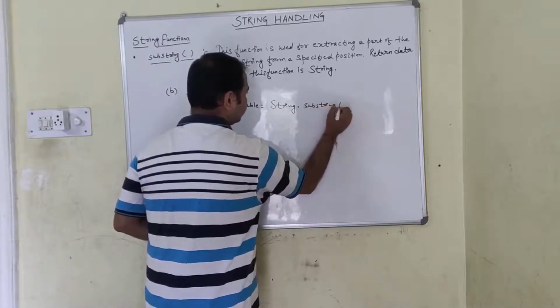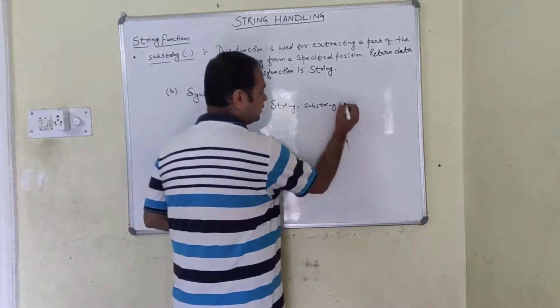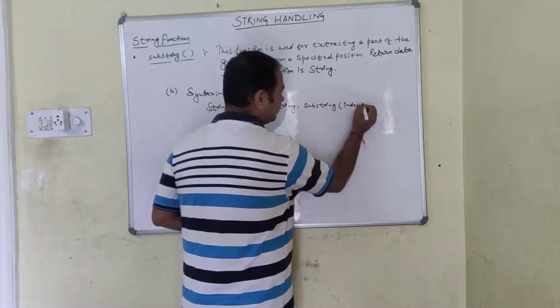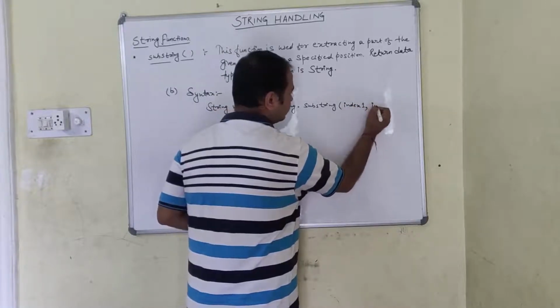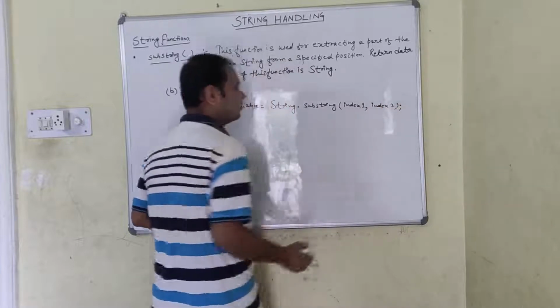Then in the brackets we write two indexes, index 1 comma index 2. Semicolon.